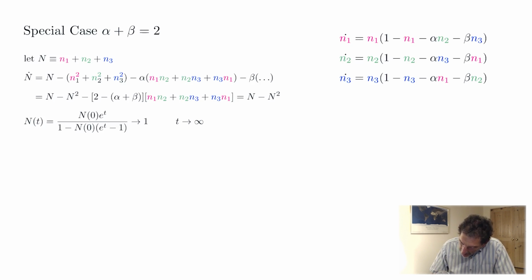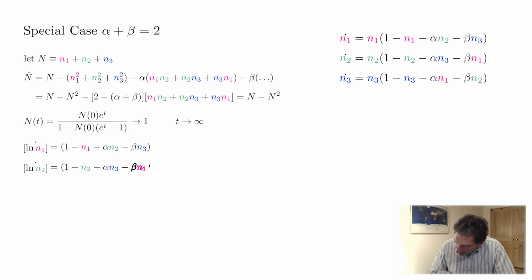So if we take log n1 dot, we just get the linear terms on the right-hand side, 1 minus n1 minus alpha n2 minus beta n3. We can do that for the other two variables. Log n2 dot is equal to 1 minus n2 minus alpha n3 minus beta n1. Log n3 dot is equal to 1 minus n3 minus alpha n1 minus beta n2.